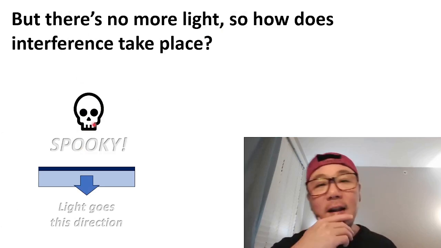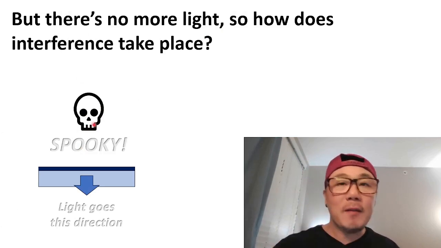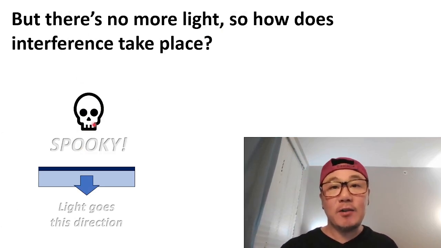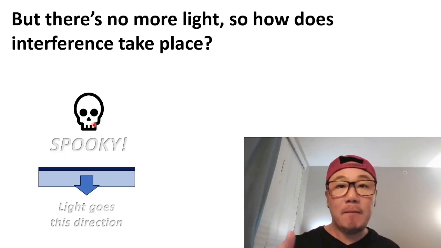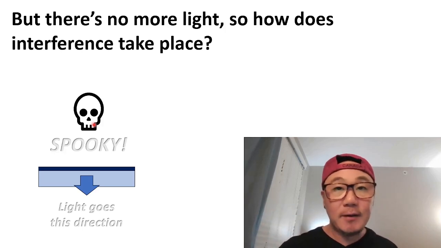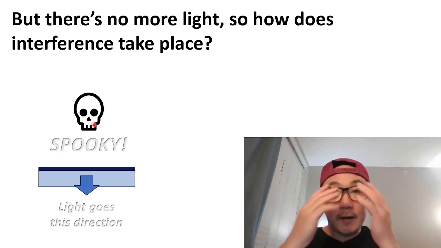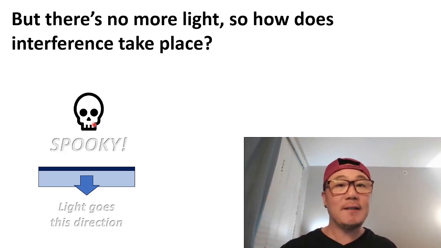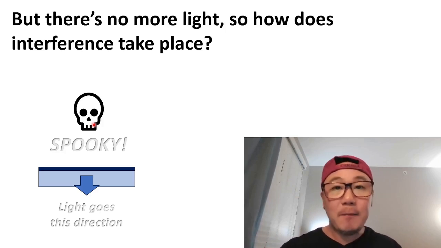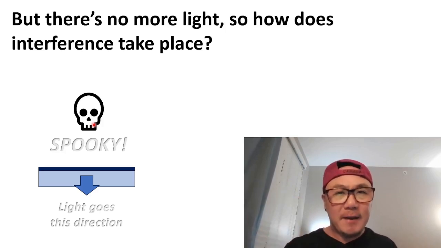So the only thought I have for this is that probably intensity, which is the time average of the blah blah blah, is different from electric field amplitude, right? Amplitude and intensity are obviously mathematically different, but they're also different in the following sense. You can have amplitude present without the intensity, sort of like quantum field theory, which is an area I don't know anything about, but everyone has heard of vacuum fluctuations.